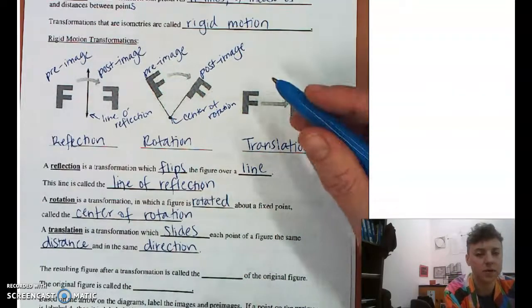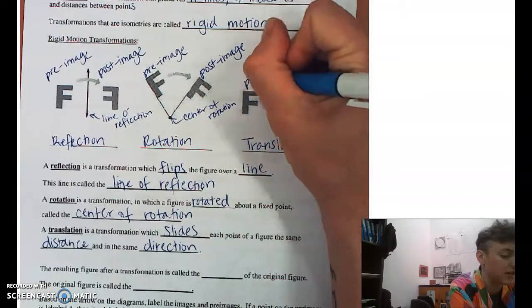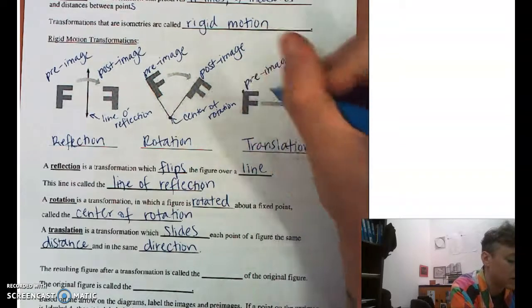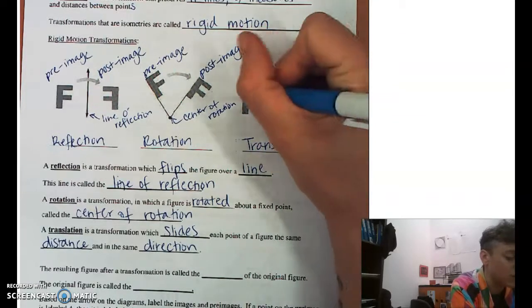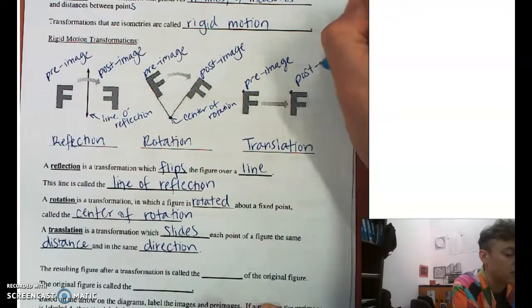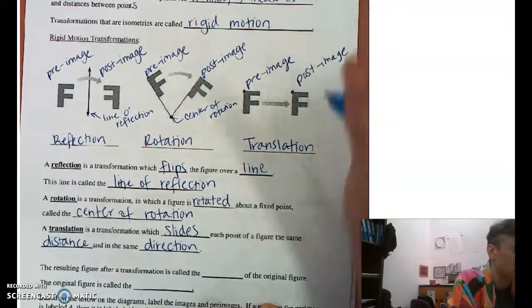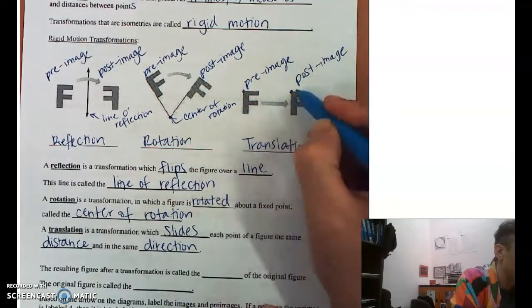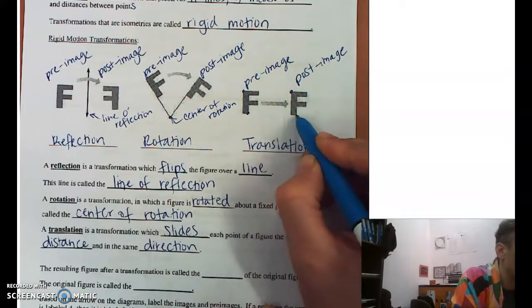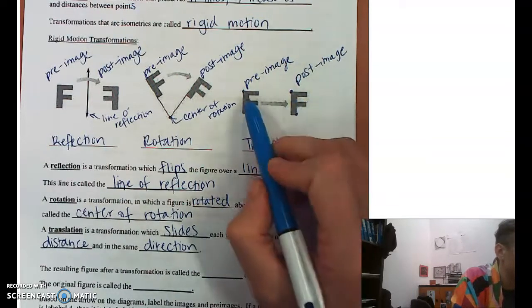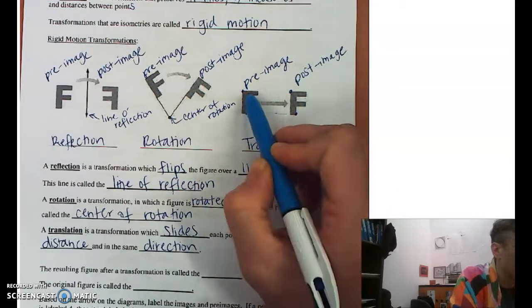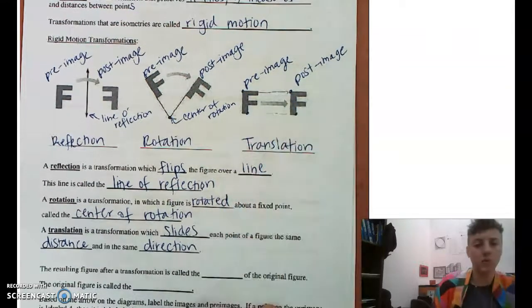So every point in this pre-image moves the same distance and direction to make the post image. Just like that point moved there. This point moves the same amount of distance and in the same direction as the point on the top did. Exactly. The same. Cool.